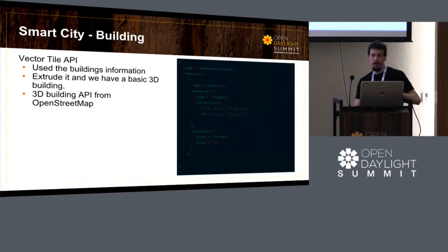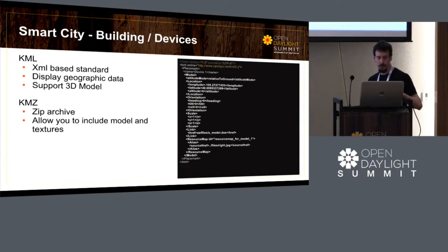The other way that we can build things is with a 3D model, and that's probably what we will do for devices also. So for building devices, we looked a little bit over the internet to see if there's something existing to be able to do it, and actually the KML file format is able to do it.